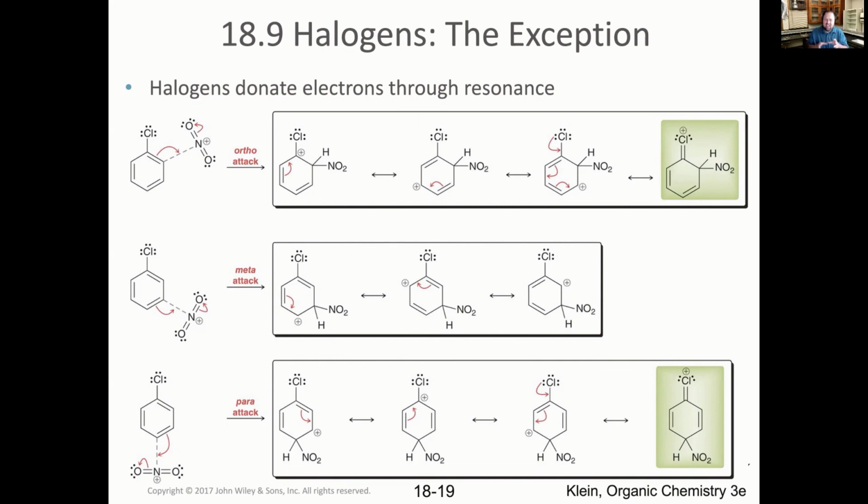Once again, it's not that the meta is destabilized, but rather the ortho and para have some extra stabilization in their sigma complex intermediate. So there's your introduction to how the various substituents that are attached to a benzene ring can affect the regioselectivity and also the kinetics or rate of the subsequent electrophilic aromatic substitution events.